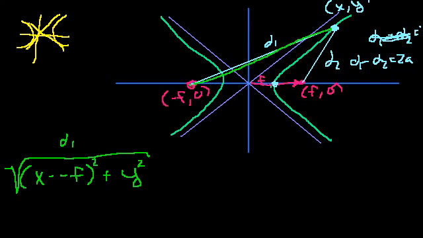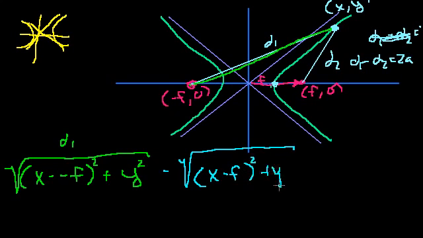And we want to subtract from that d2, the difference of the distances. In this case, d1 is definitely bigger than d2, though you could take the absolute value if you didn't want to worry about that. So here we get the square root of x minus f squared plus y squared.